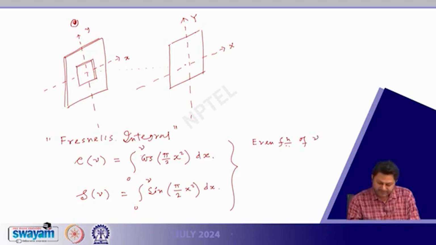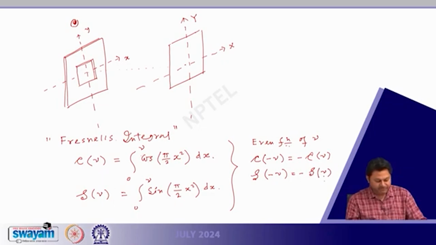So I can write C of minus nu is equal to minus C of nu, and S of minus nu is equal to minus S of nu. That is the relation we have.